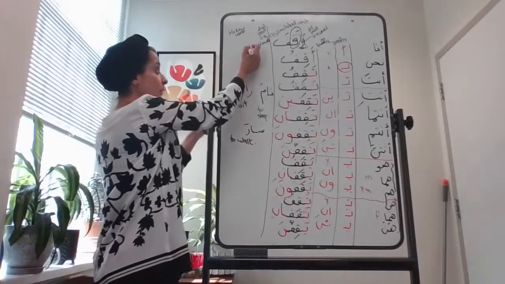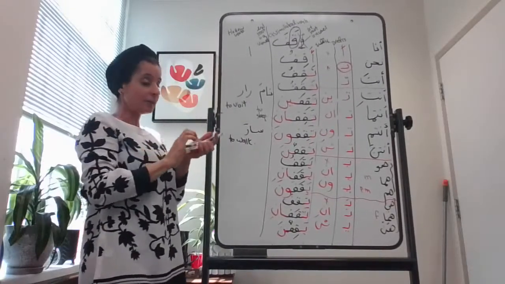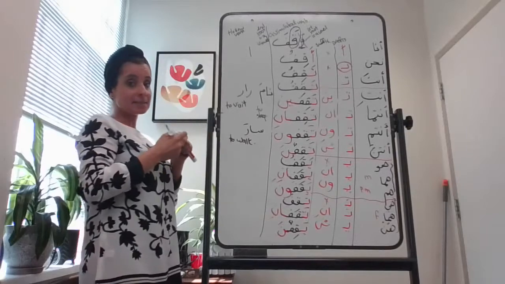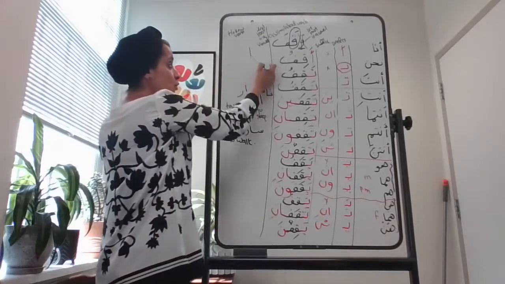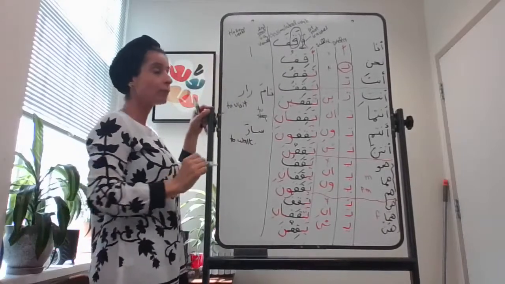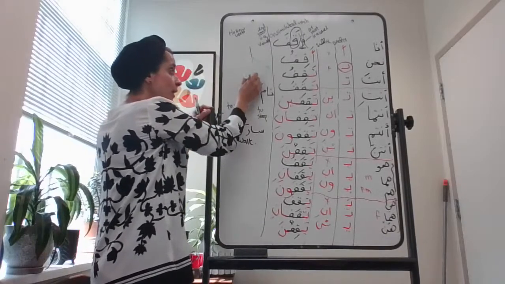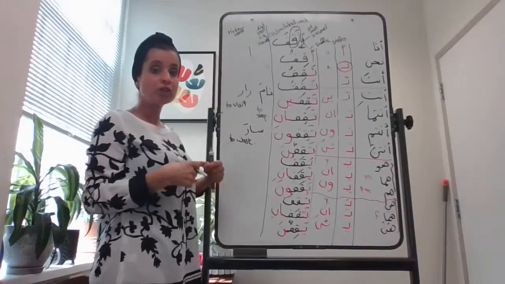So in Nama's case, الألف in the middle in Arabic. This is very important. الألف in the middle. In many cases, الألف turns to واو. يعني الألف originally is واو. Or الألف turns to يا, or الألف originally is يا.